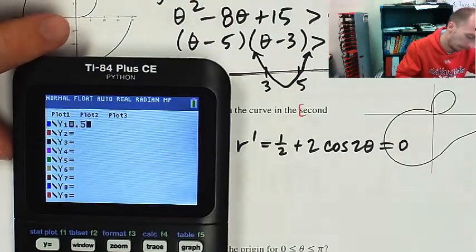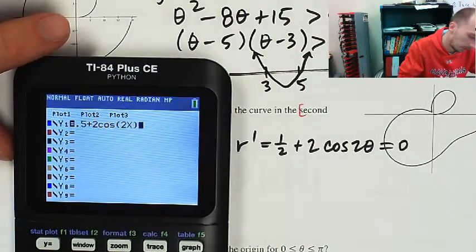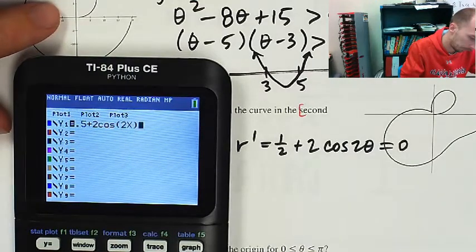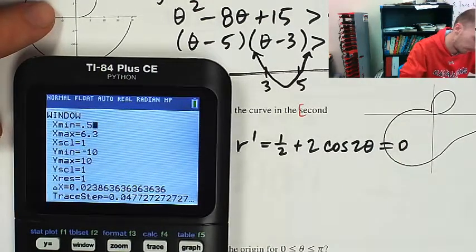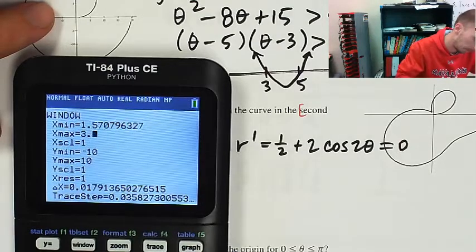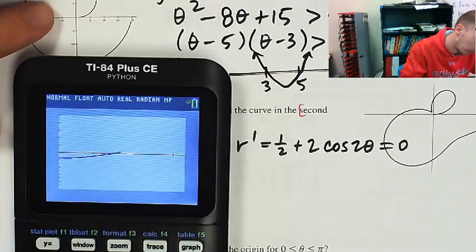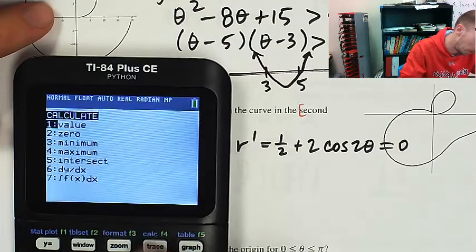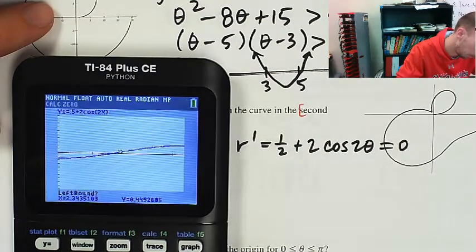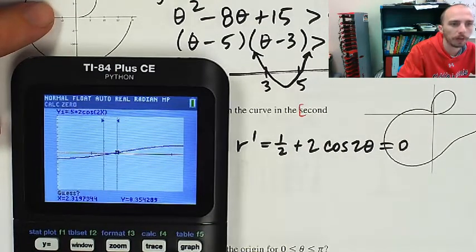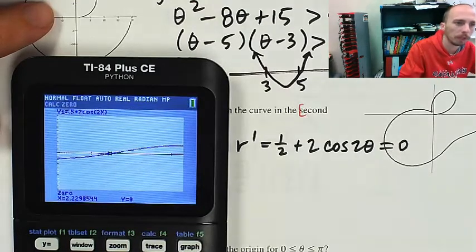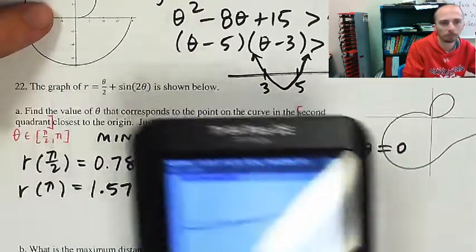Okay, so 1/2 plus 2 cosine 2 theta is equal to 0. And hold on. Yeah. And really, oh yeah, the window, 0.5 pi to pi. All right, there it was. That was the place where r prime equaled 0. I'm going to go until, okay, over here where y is negative, go until y is positive. That will surround it. The 0 at theta equals 2.22230.